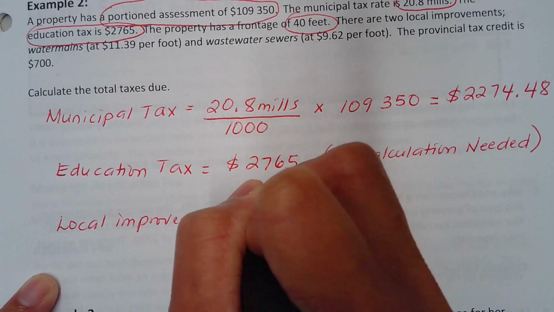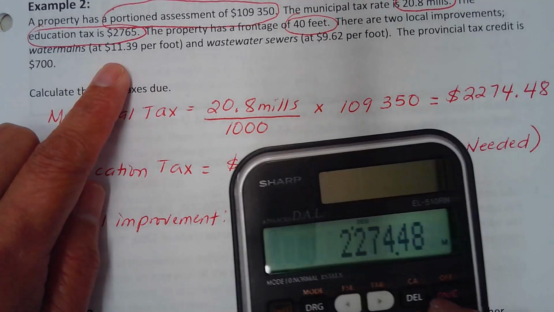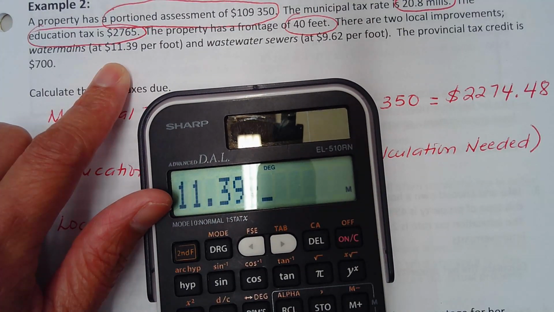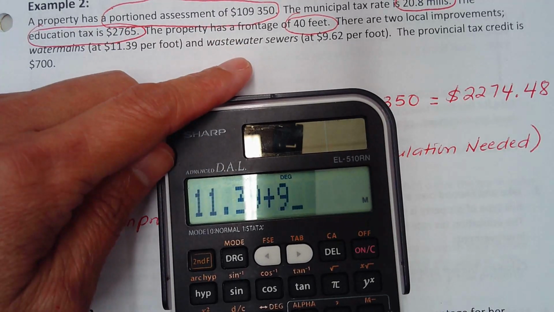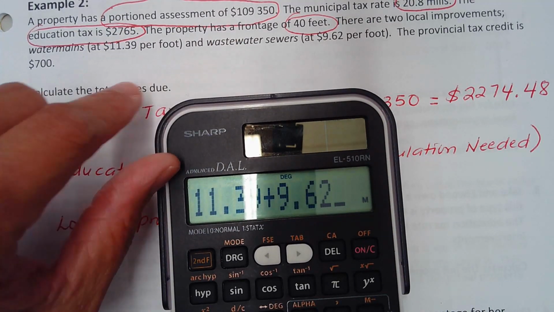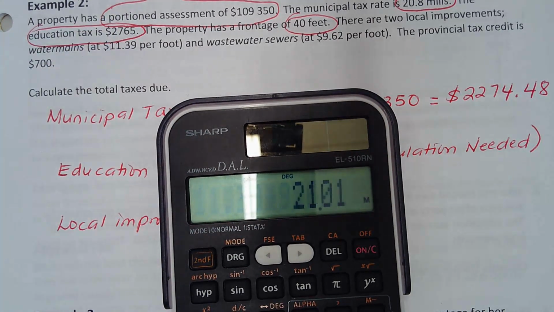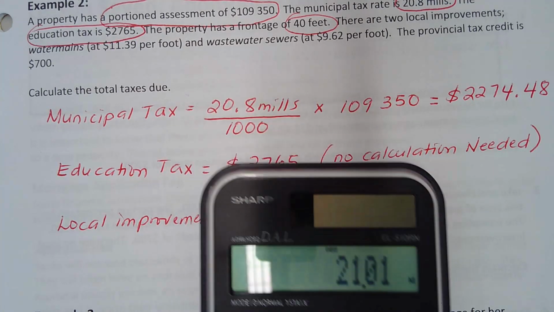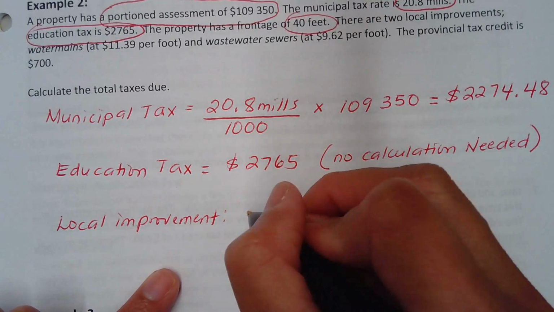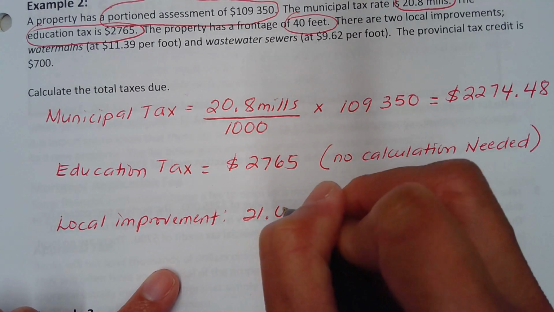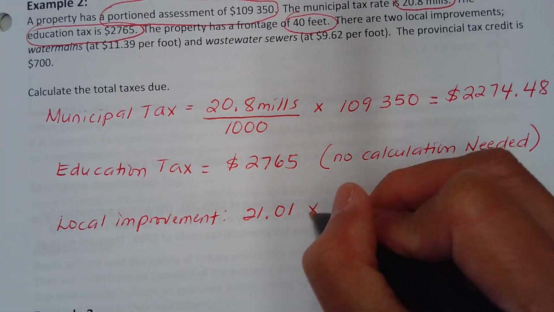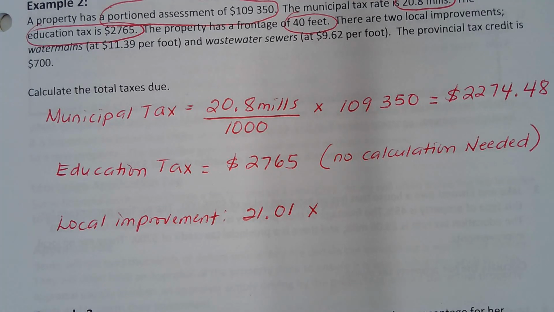Okay, so how can we do local improvement? It would cost $11.39 and $9.62 to do those two things. So it's going to cost us $21.01. Then we multiply that by the frontage, which is 40.